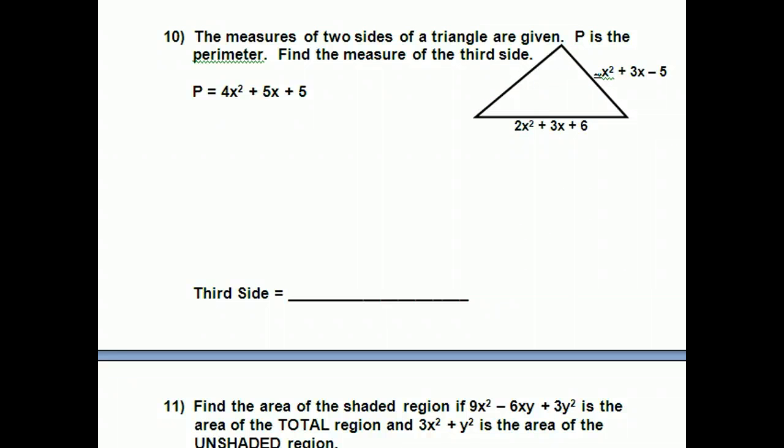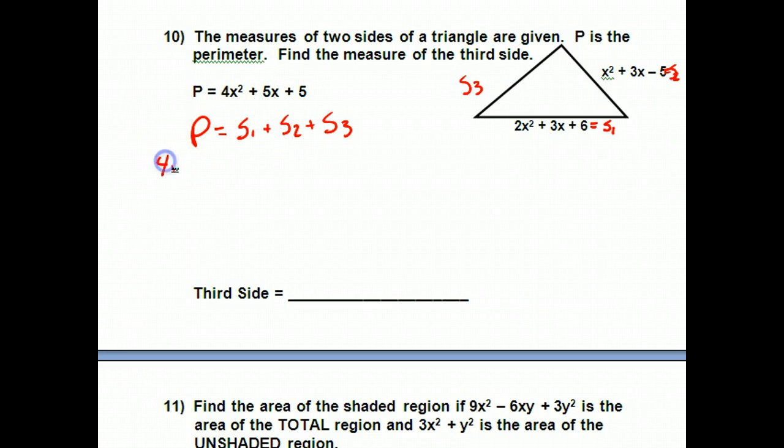So if P is the total perimeter, my perimeter is going to equal, if this side is side 1, and this is side 2, and this over here is side 3, the sum of all those sides. Side 1 plus side 2 plus side 3. Okay, so let's fill in our pieces here. This is the total perimeter, so that's going to go on this side of my equation.